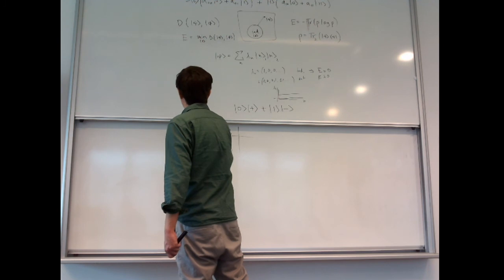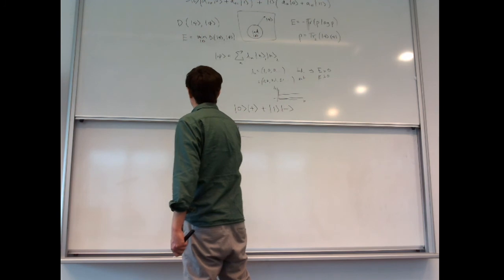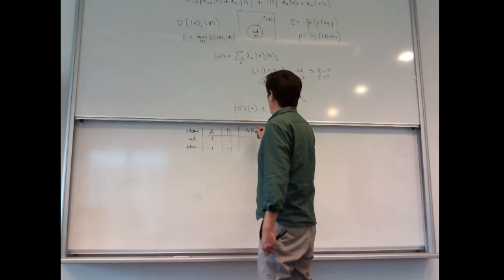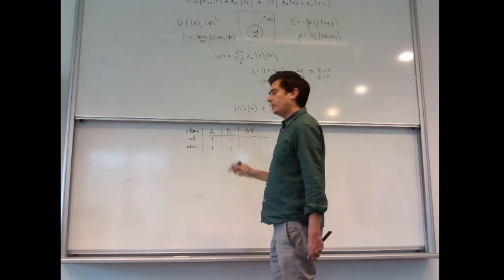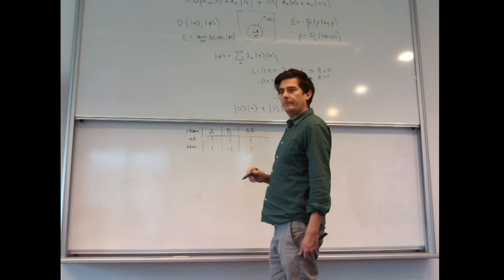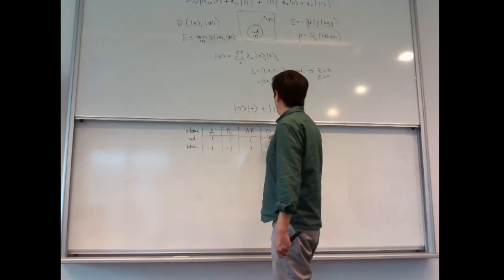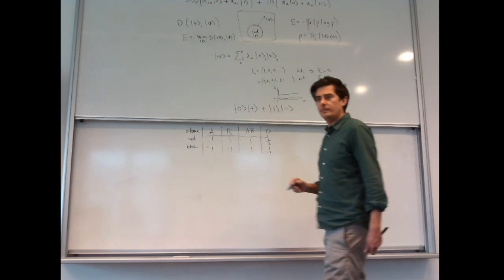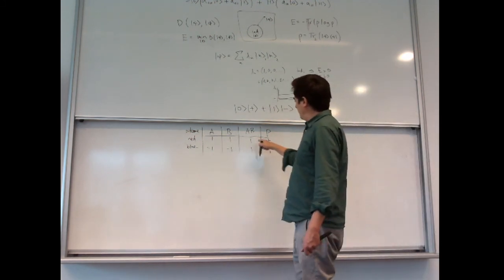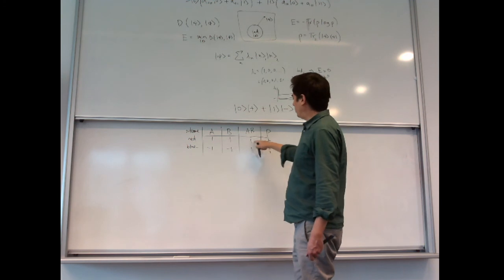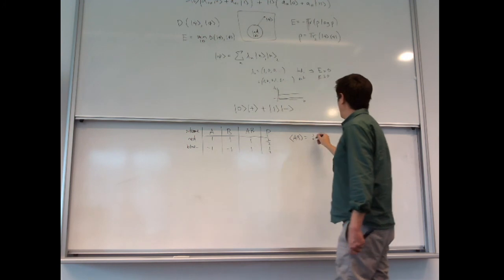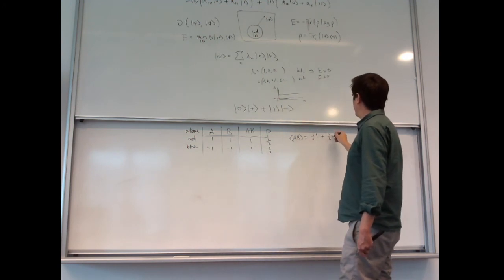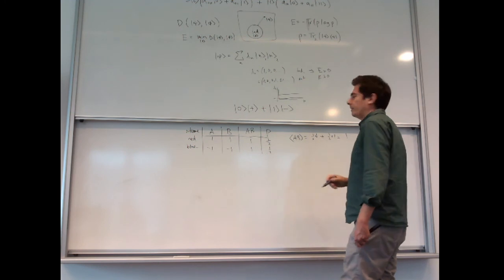This is the outcome: this is red, this is blue. So A times B is just the product of these two, so it's 1 and 1. And the probability of this happening is a half and a half. So the average value of AB, because it's 1 in both cases, is a half times 1 plus a half times 1. So that's 1.